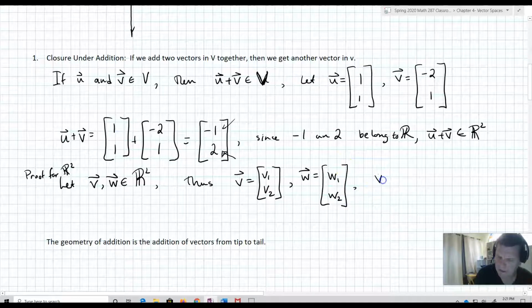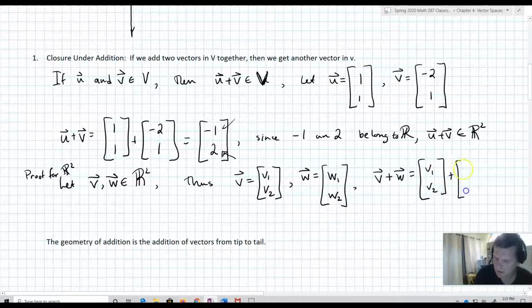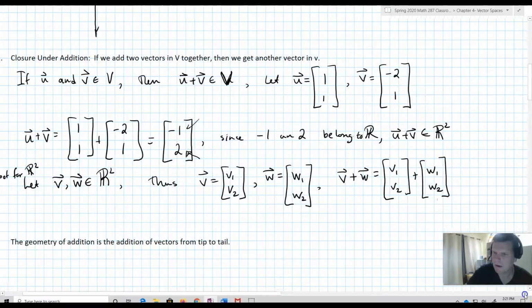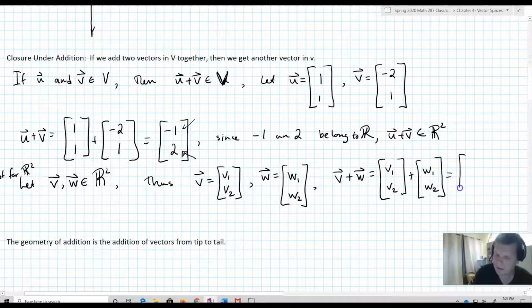V plus W will then equal (V1, V2) plus (W1, W2). This equals, and we could just write this out as, (V1 plus W1, V2 plus W2).